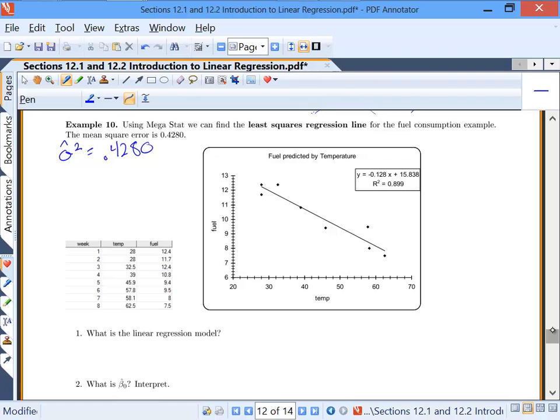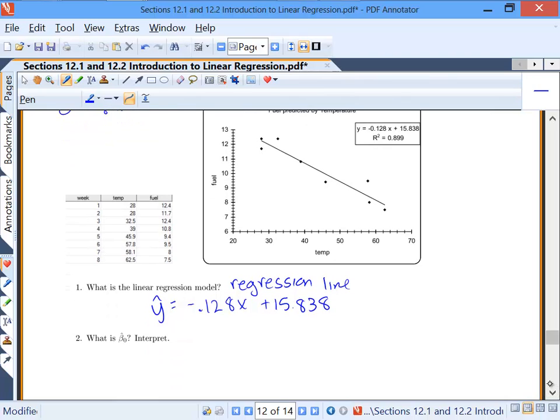So what is our linear regression model, or our regression line? These ones are really easy because you can just read it off the graph. Using y hat equals negative 0.128x plus 15.838. Notice they did change the order. They wrote the slope and x instead of the intercept first. But at this point, after taking calculus, hopefully you can still recognize which is your slope.